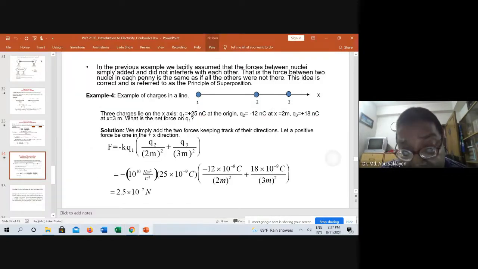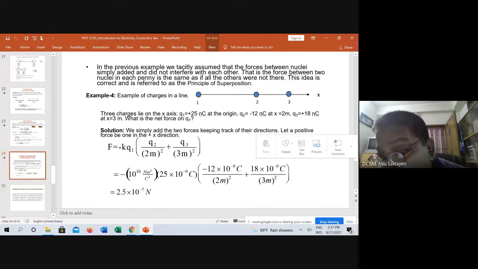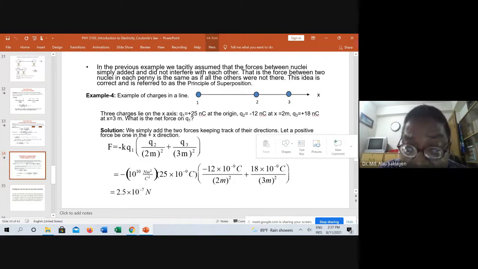Here are three charges: Q1 is 25 nanocoulomb, Q2 is minus 12 nanocoulomb, and Q3 is minus 18 nanocoulomb, on the x-axis.